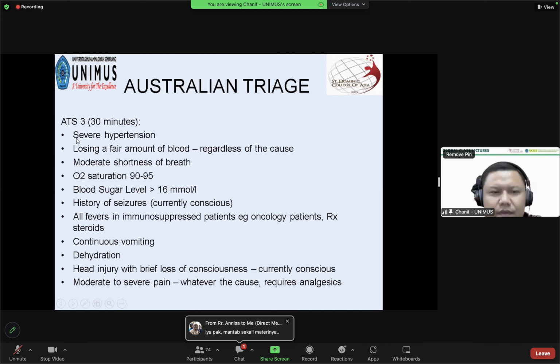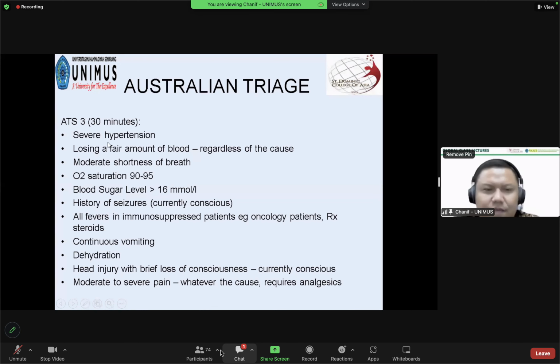It is for patients with severe hypertension, loss of a large amount of blood regardless of the cause, moderate shortness of breath, oxygen saturation less than 95%, blood sugar level more than 90 millimoles per liter, history of seizures, all fevers in immunosuppressed patients, oncology patients, steroid reaction, continuous vomiting, dehydration, head injury with brief loss of consciousness, currently conscious, and then moderate to severe pain, whatever the cause, that requires an analgesic. Yeah, it is for the ATS level 3.